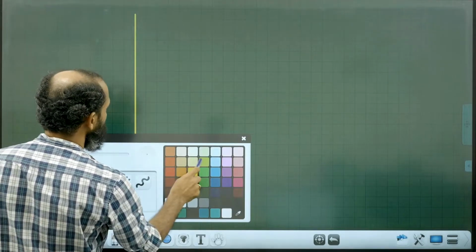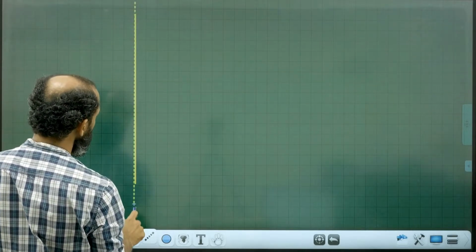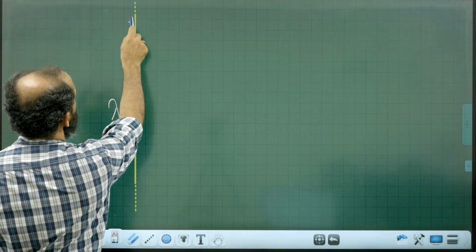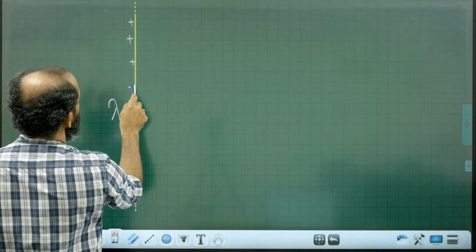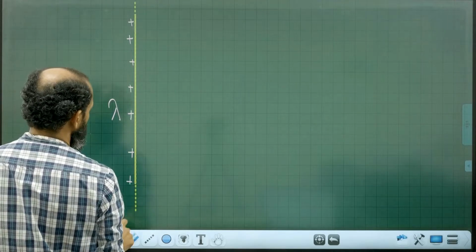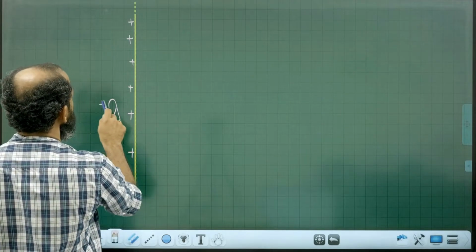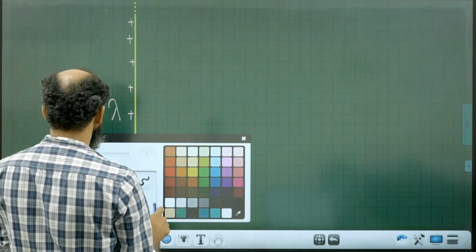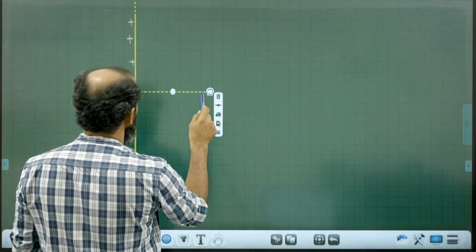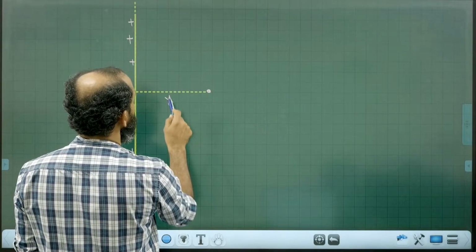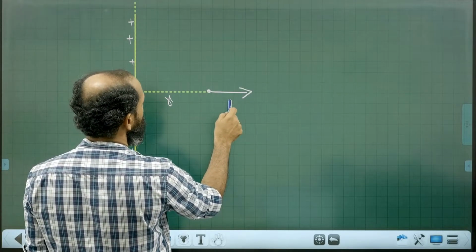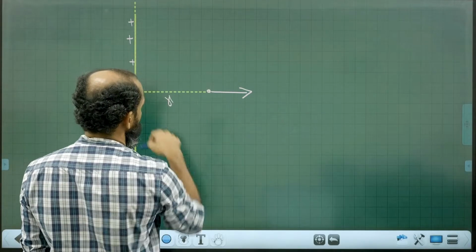Now Gauss's law can be used for finding the field due to an infinite line charge. The infinite line charge is infinitely long, having line charge density lambda, let that charge density be positive, plus lambda. When you try to find out the field at a radial distance r, the direction of the field is normal to the wire.